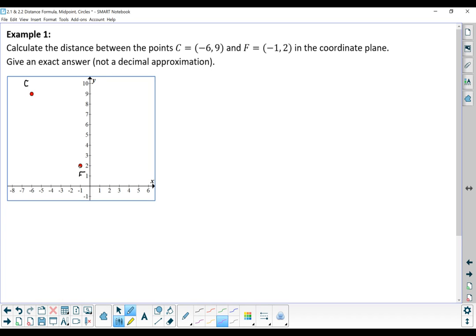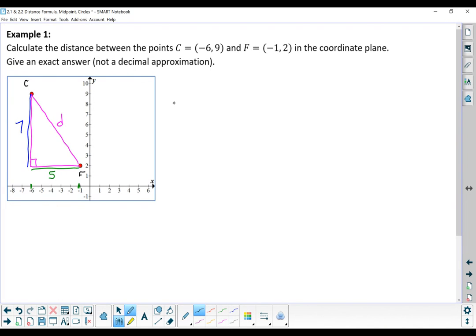Even a really rough sketch on a coordinate plane will allow you to use a right triangle to answer this question. So basically, we're wondering, what is that hypotenuse? Well, the length here along the bottom is 5 because we're between -1 and -6, and the length of this other leg from 2 to 9 is 7.